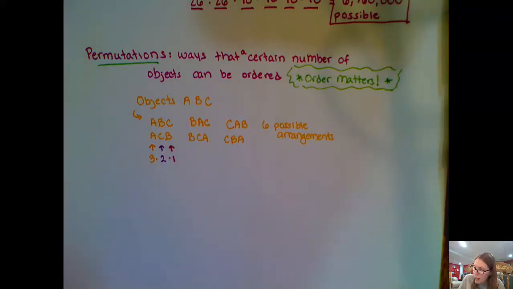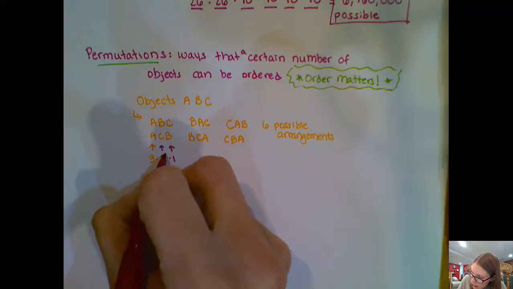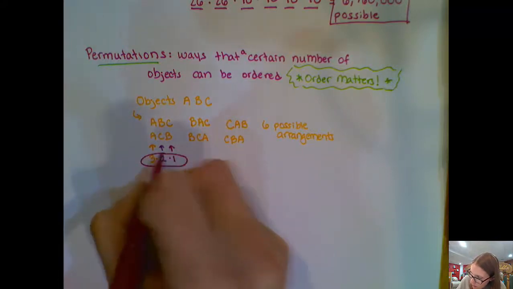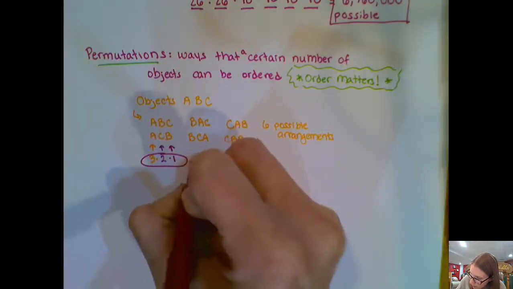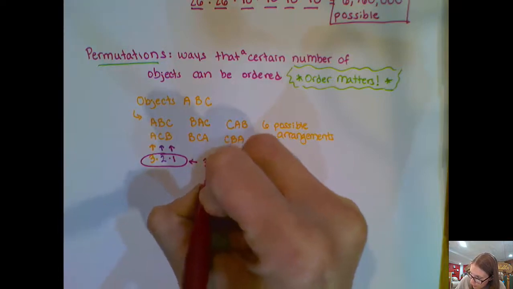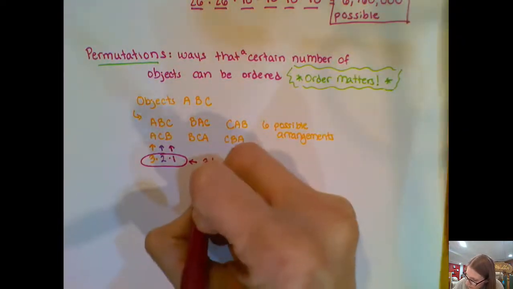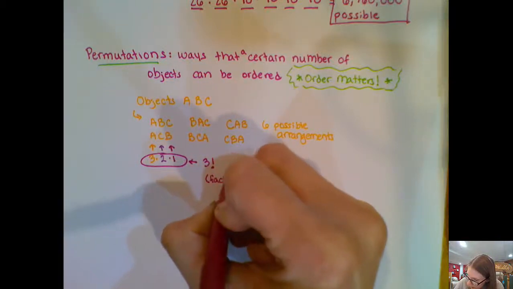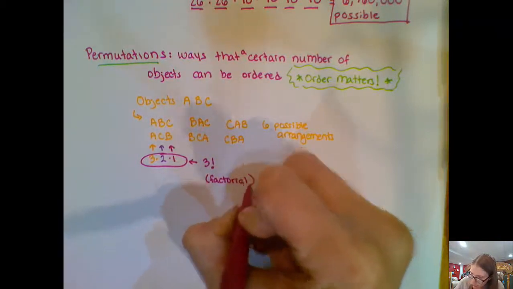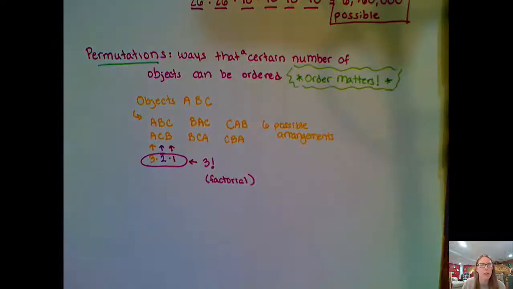So this idea, this 3 times 2 times 1, is what we call 3 factorial. Okay. That little exclamation point is called factorial. And I don't know if you guys have seen this before or not. This might be something new. But when we see a number factorial, that just means we start with the number and then decrease down.